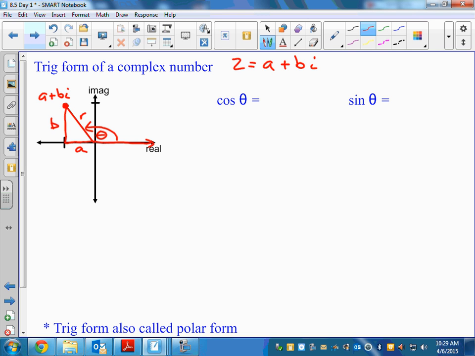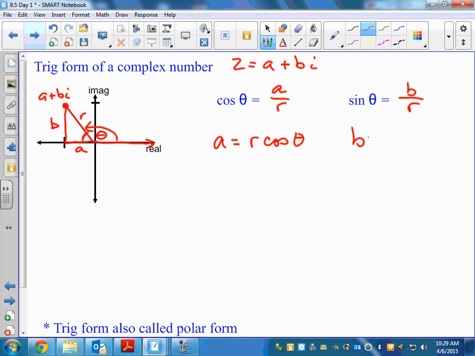So using that, what would the cosine of this reference angle be, which we know is also the cosine of that? Cosine would be what? Adjacent over hypotenuse, a over r, and sine would be b over r. So solving that for a, if I multiply both sides by r, do you agree that that would say a equals r cosine of theta?